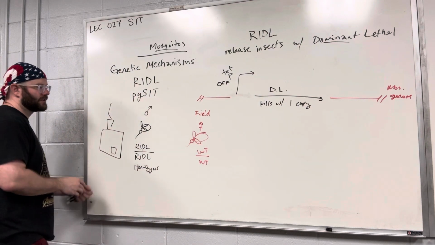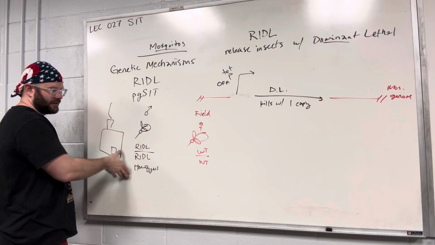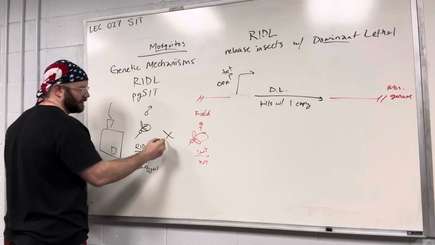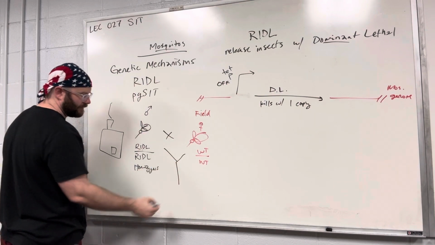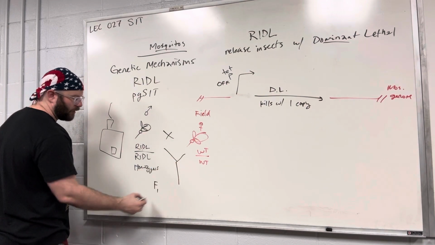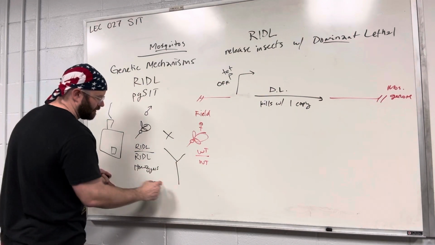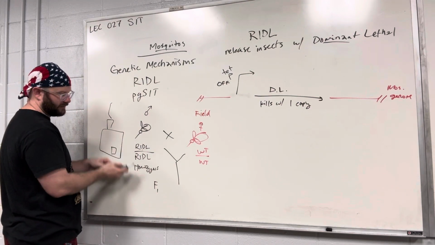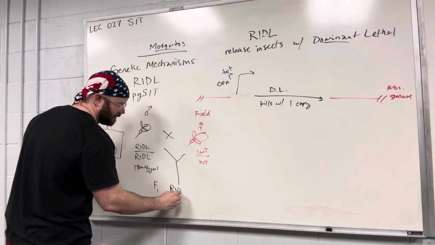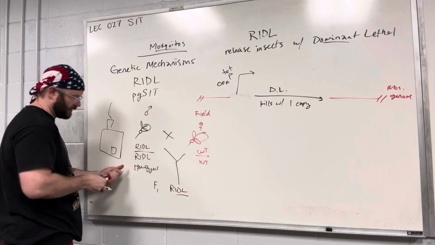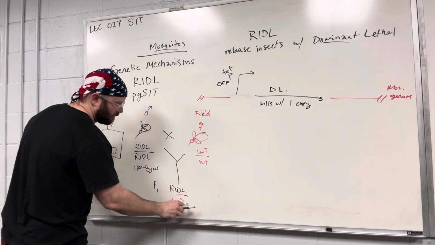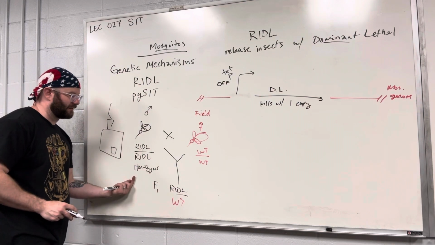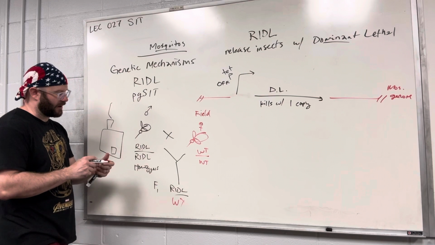So if you rear a bunch of these males and you release a bunch and you get this cross, that means the F1s are going to, in every case, inherit at least one allele of the RIDL. So it's going to be RIDL over wild type.